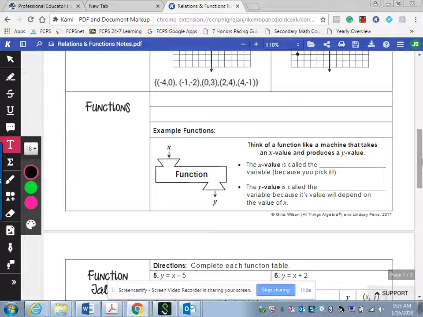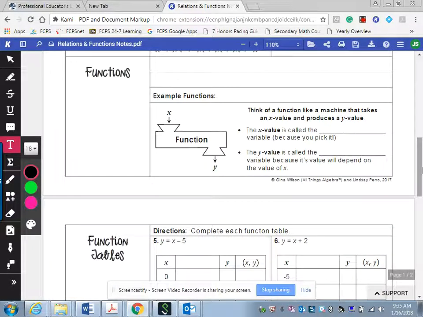Now, next, we need to know what a function is. So what is a function? Okay.